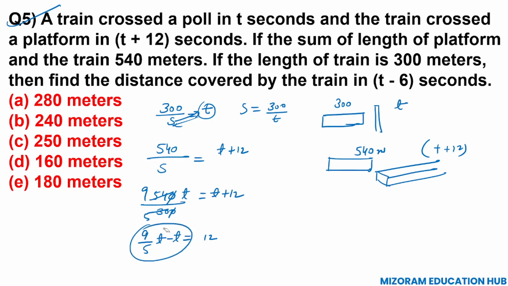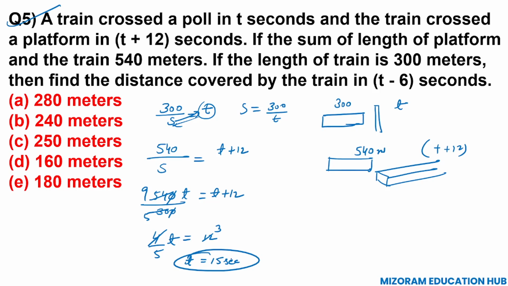So 4 by 5 T is 12, the 4 cancels, and T will be 15 seconds. Now the speed of the train can be found out. The length is 300, so the speed of the train is 20 meters per second.